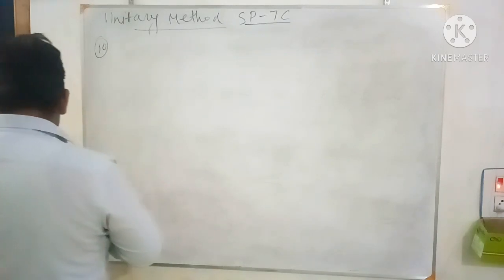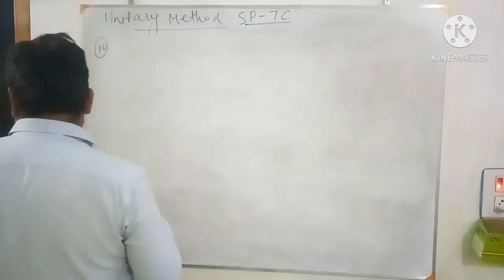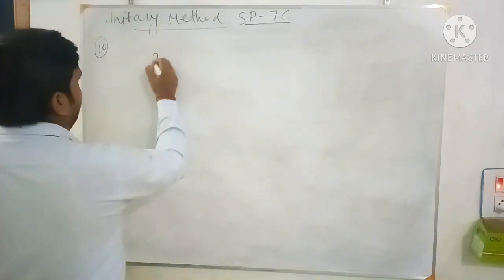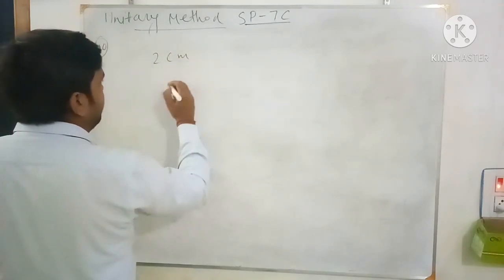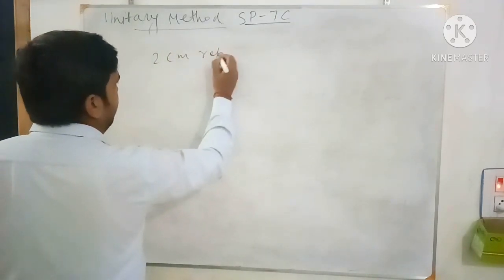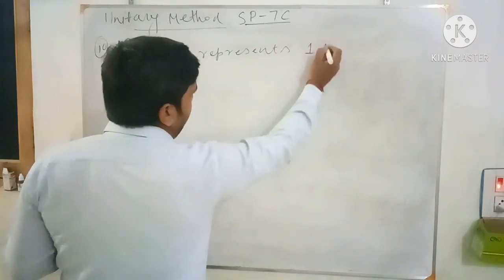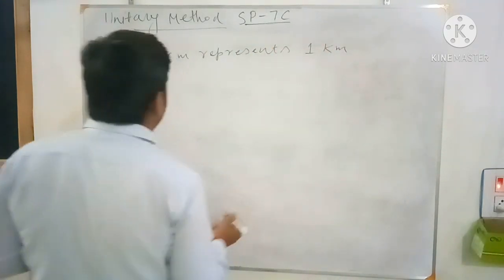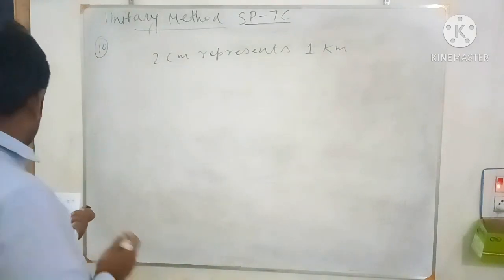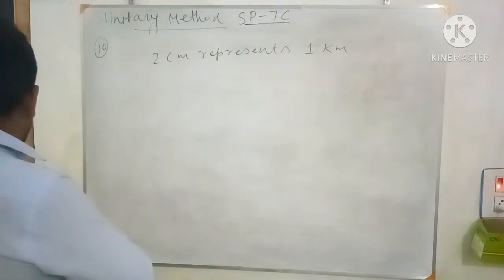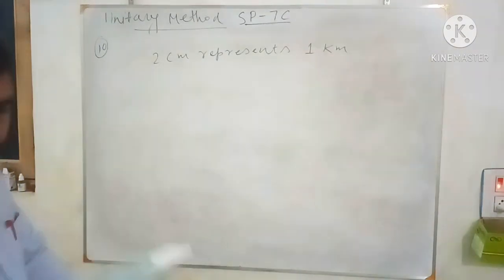On a certain map, 2 centimeter represents 1 kilometer. So the ratio you can find. And what area does 20 square centimeter on the map represent?